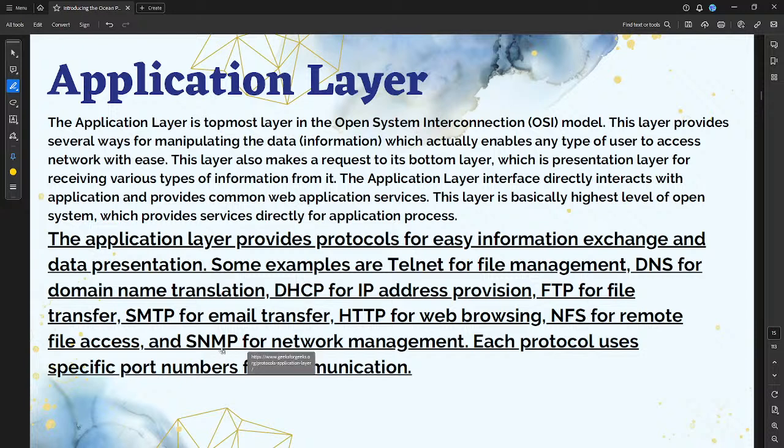Now, what is the application layer? The application layer is the topmost layer, and this layer provides several ways for manipulating the data, which actually enables the users to access the network with ease. Now, the application layer provides protocols for easy information exchange and data presentation. For instance, we host web pages, right?